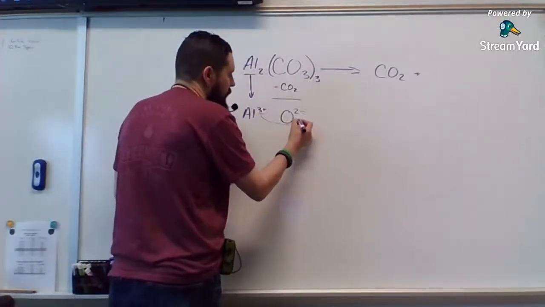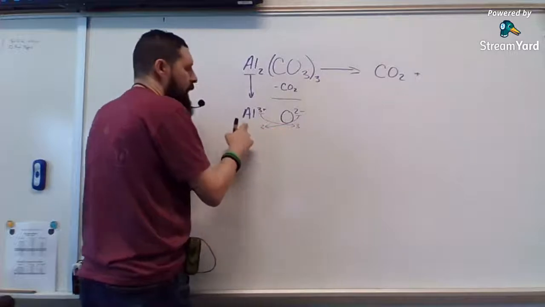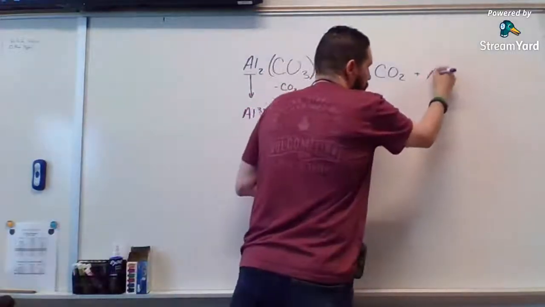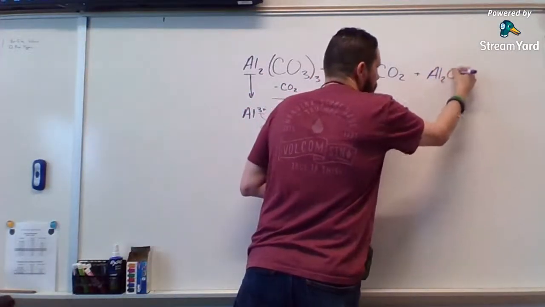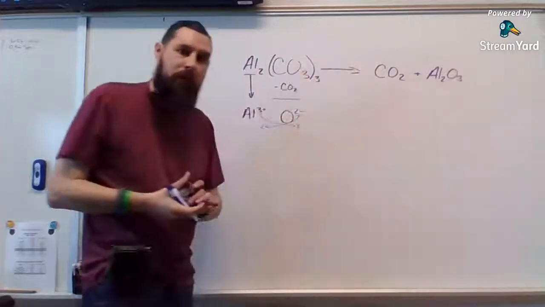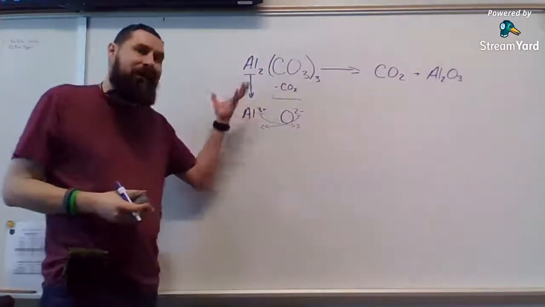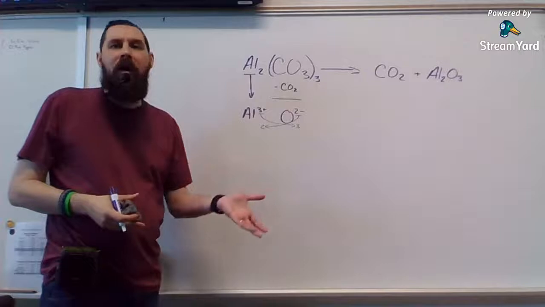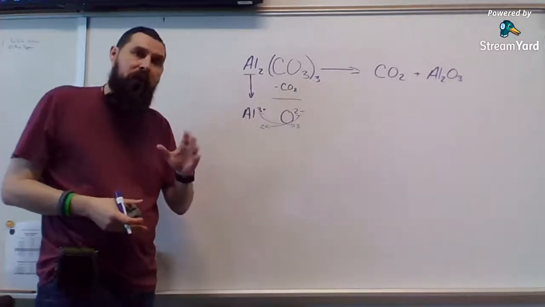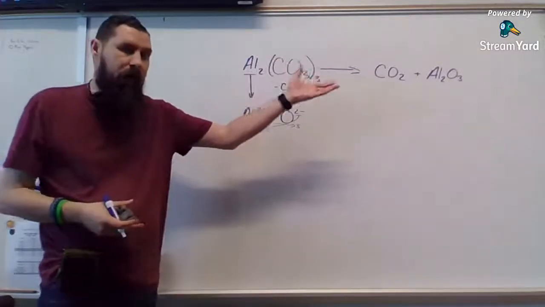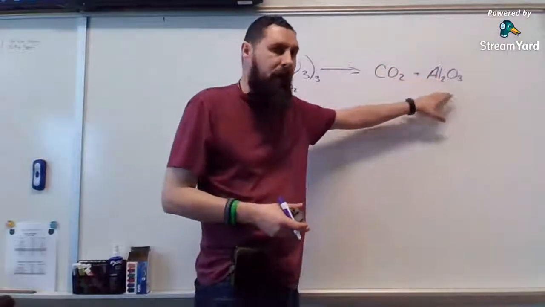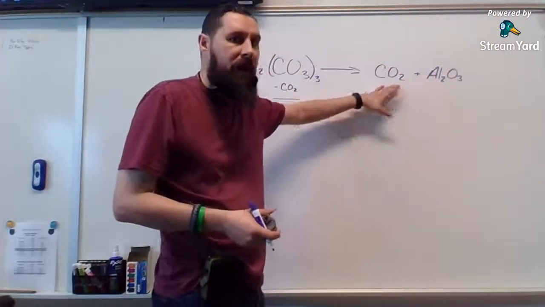And we cross down those charges, and I get a formula for my metal oxide of Al2O3. So this is the decomposition of metal oxides, or metal carbonates, sorry. Metal carbonates always are going to produce a metal oxide and carbon dioxide.